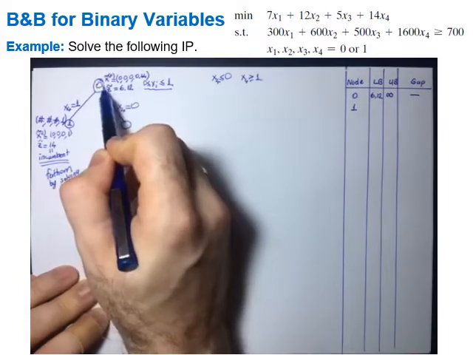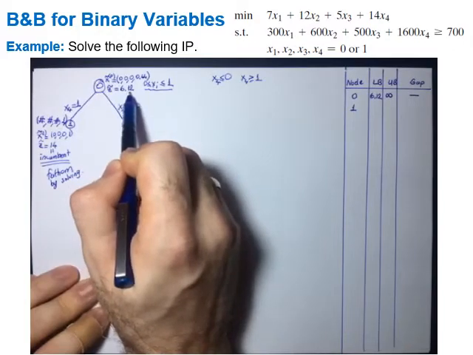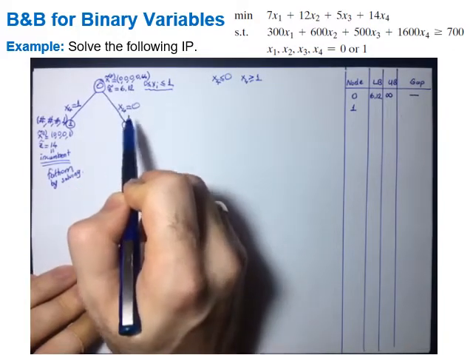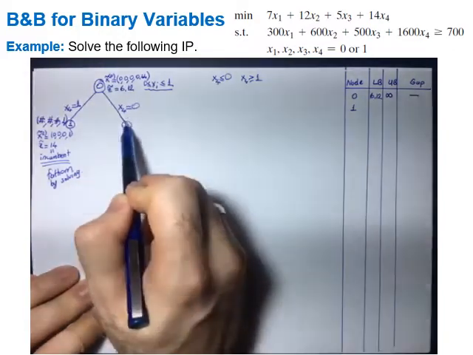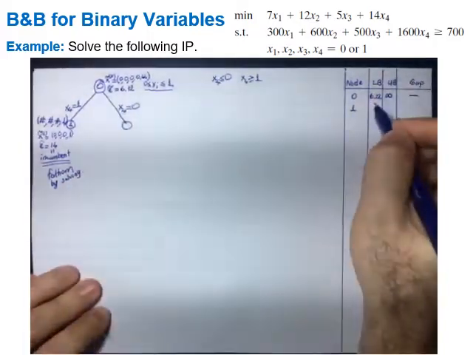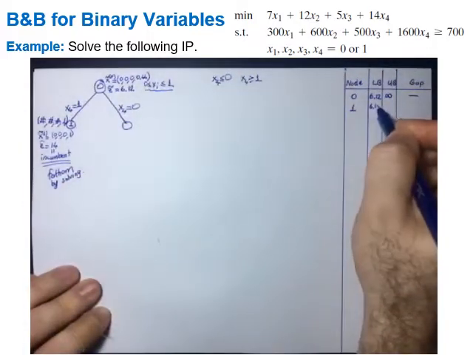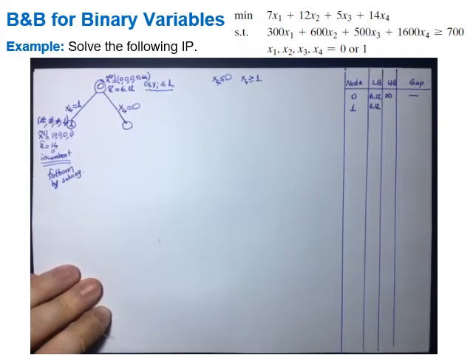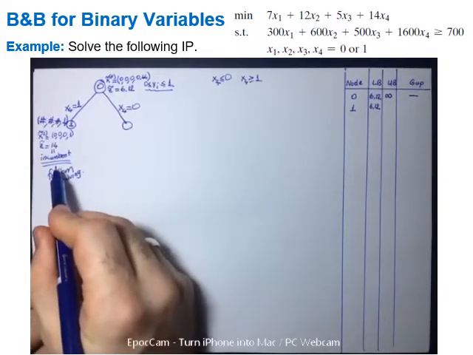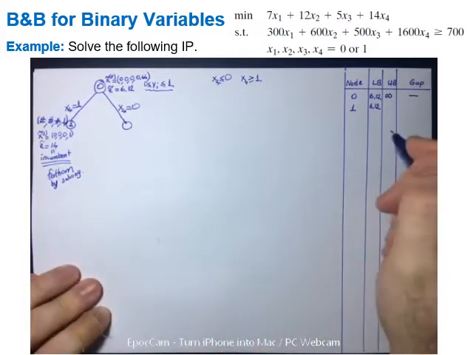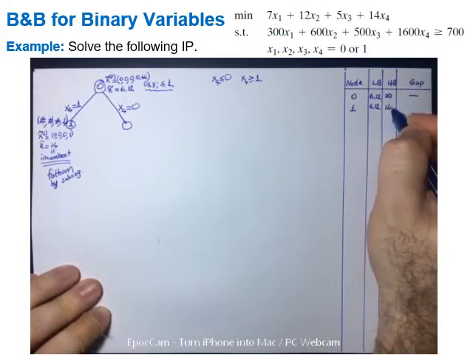You should look at its parent. And its parent is 6.12. So the best possible that you can obtain here is 6.12, which means that your lower bound is still 6.12. What about the upper bound? Upper bound is your incumbent solution that you obtained, which is 14.